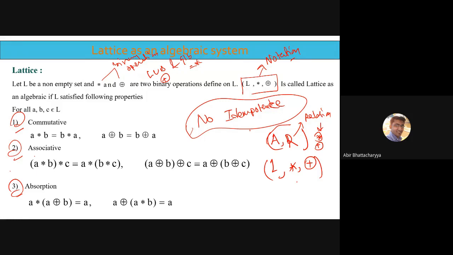We will check these three laws: commutative, associative, and absorption. If all three are simultaneously satisfied, that means this is a lattice as an algebraic system. If some of them are not satisfied, then we stop there and say this is not a lattice as an algebraic system.